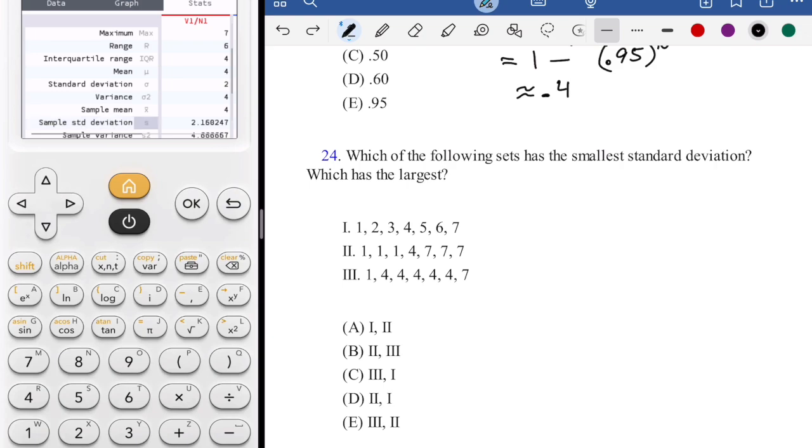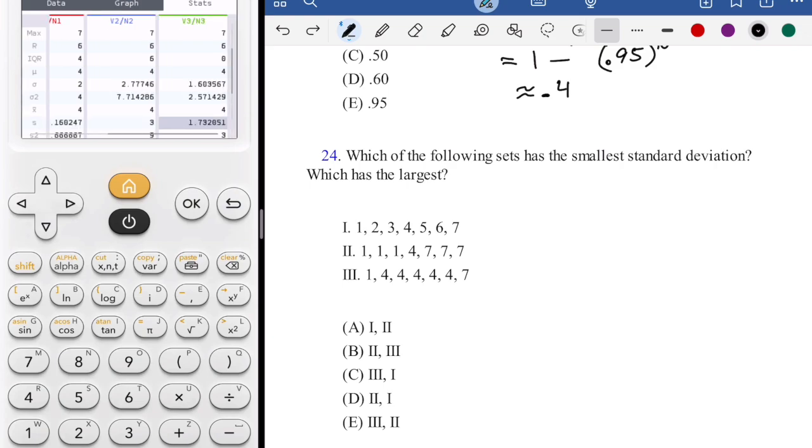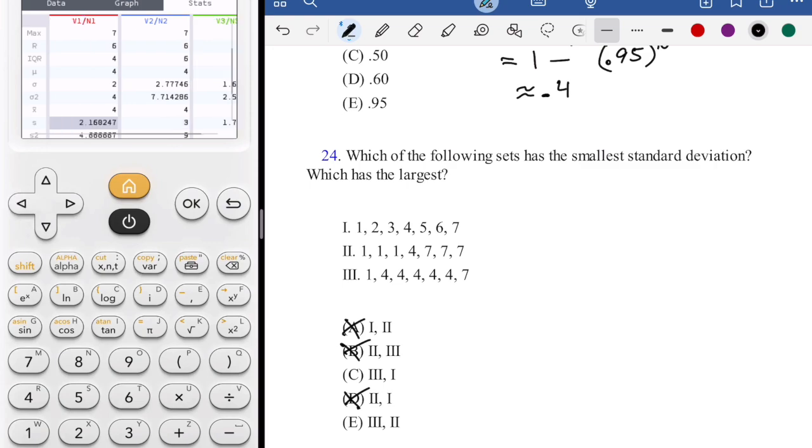So the smallest one appears to be the third one. This is less spread out. They wanted the smallest standard deviation, so the one that starts off with Roman numeral 3. And the one with the largest standard deviation looks like it's the second one.